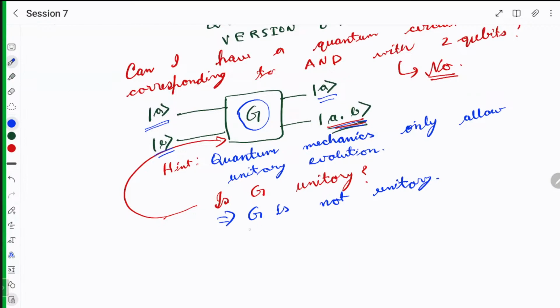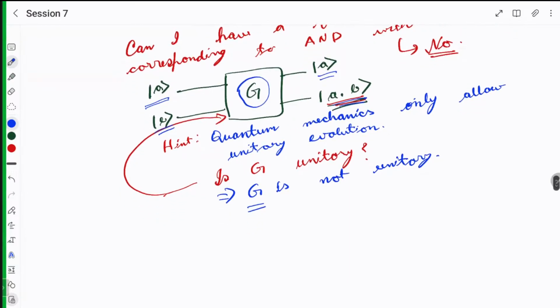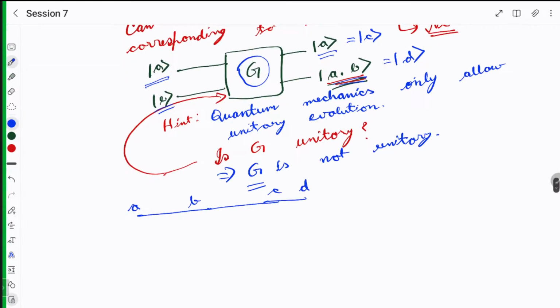And how can you find the matrix G? Very simple. You write the truth table of AND. Let's say inputs AB, and let's write the outputs as CD. There will be 4 combinations. C is equal to A, so it will just be the A column. And D is A and B, so this will be 0, 0, 0, and only 1 and 1 will be 1.